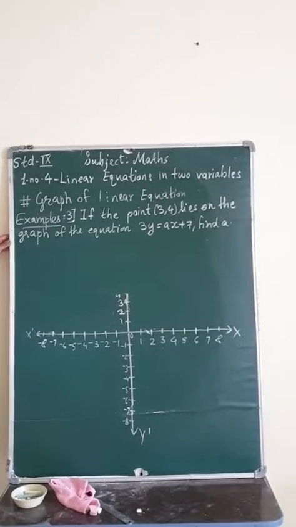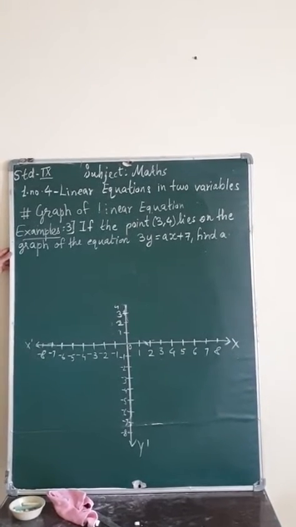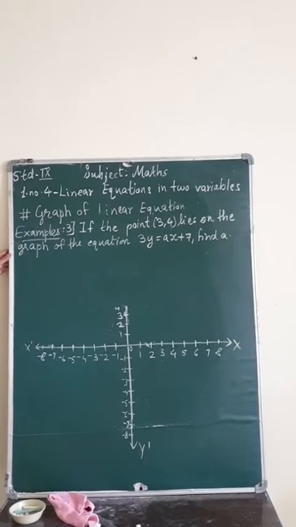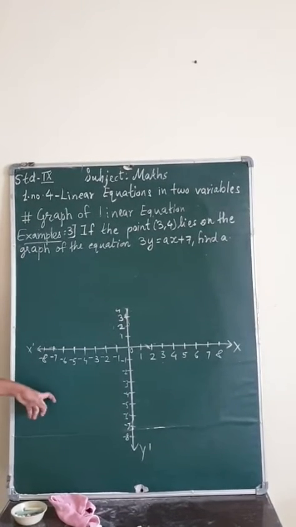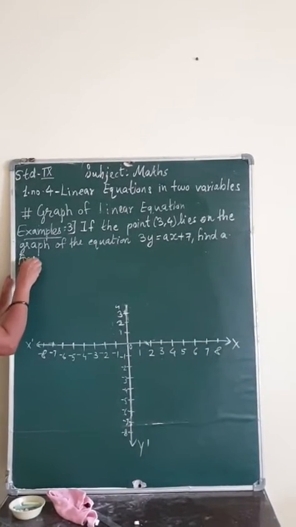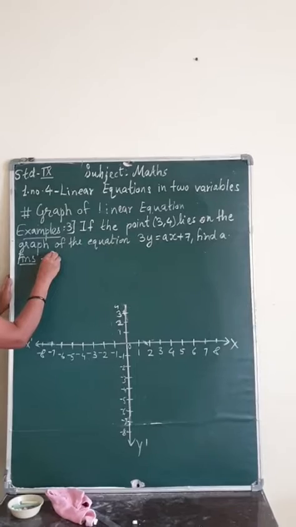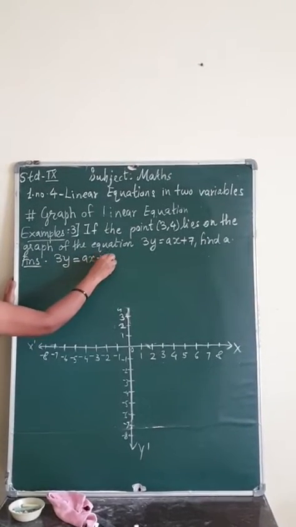Third example, if the point 3, 4 lies on the graph of equation 3y is equal to ax plus 7, find a. Again in this sum we do not require this graph. Now here the equation is 3y is equal to ax plus 7.